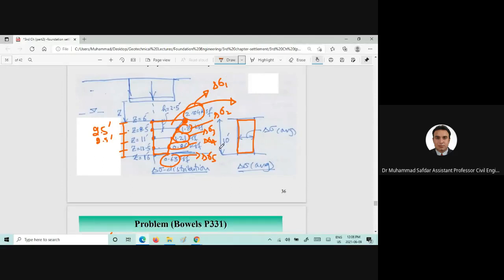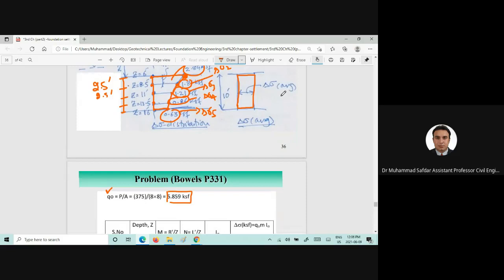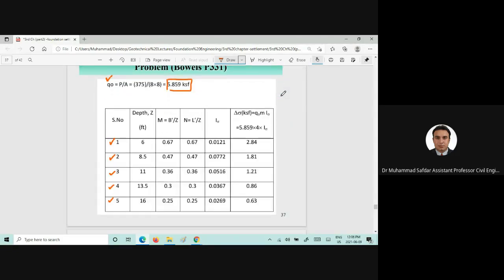Why did I write these values here? Because we are going to use Simpson's rule, which we studied in numerical analysis in earlier years of civil engineering. So first we will find out at 6 feet, and then we will add 2.5.